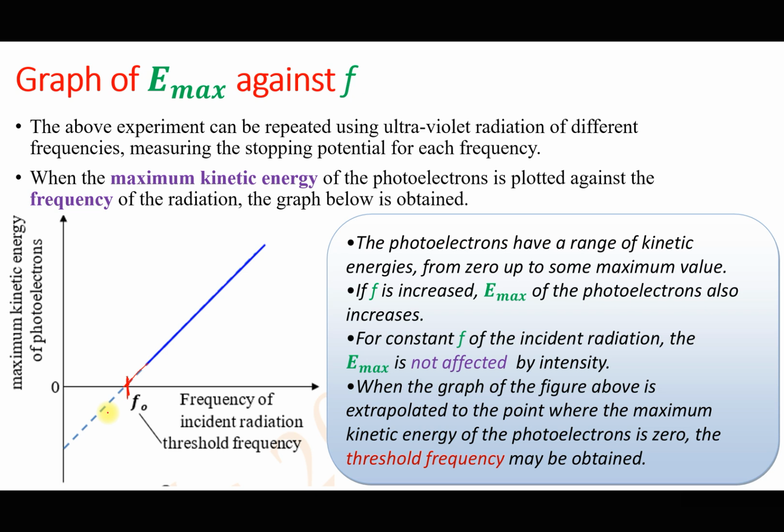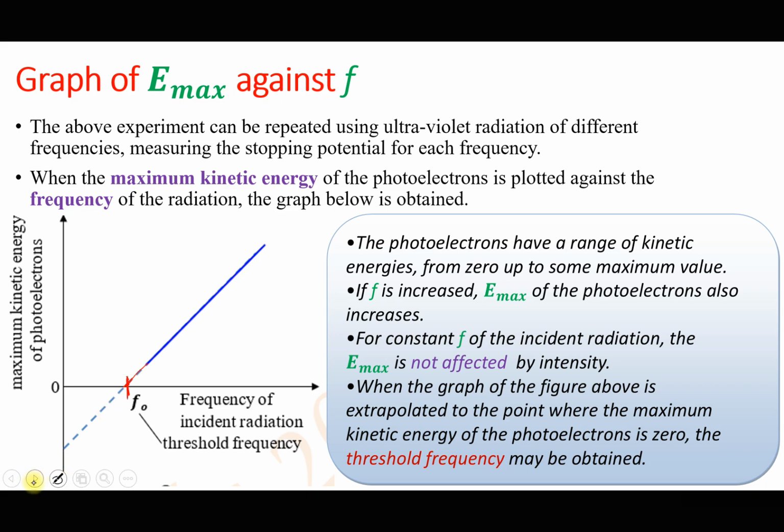So it's like more photons incident on the metal surface, that is increased intensity, more electrons are going to be ejected from the metal surface. So intensity affects the rate of emission of photoelectrons. It affects the photocurrent, because photocurrent is the rate at which these electrons are being emitted.